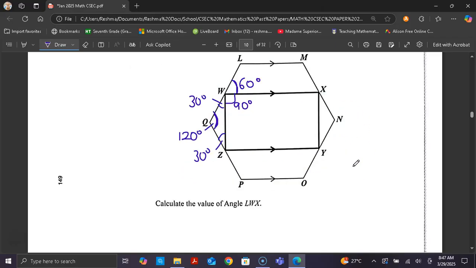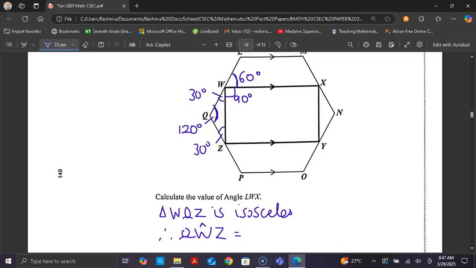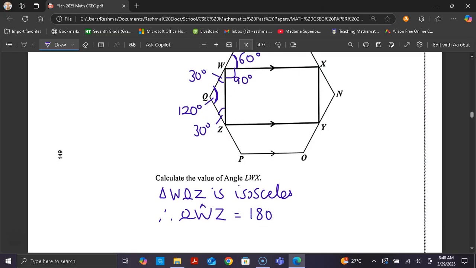So we'll just have to write an explanation to show how we got our answer. So first we said that triangle WQZ is isosceles. Therefore, angle QWZ is equal to 180 minus 120 divided by 2, which is 30 degrees.